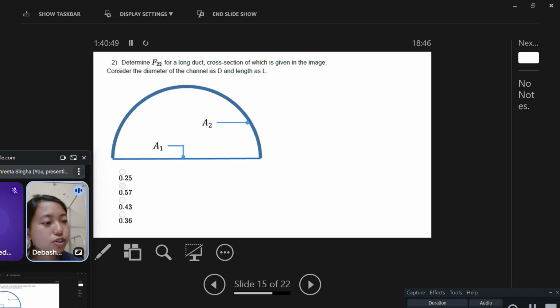Okay, we move to the next question. You can just play around with different shapes. What is the F22 for a long duct, the cross section of which is given in the image? Now what happens here?